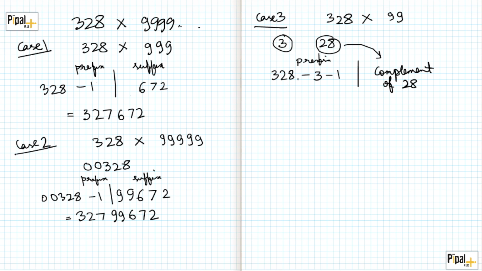So I get 328 minus 4 is 324, and the complement of 28 is I subtract 8 from 10 to get a 2, and then I subtract 2 from 9 to get a 7, and I join these. My answer is 32472. I hope this is clear.